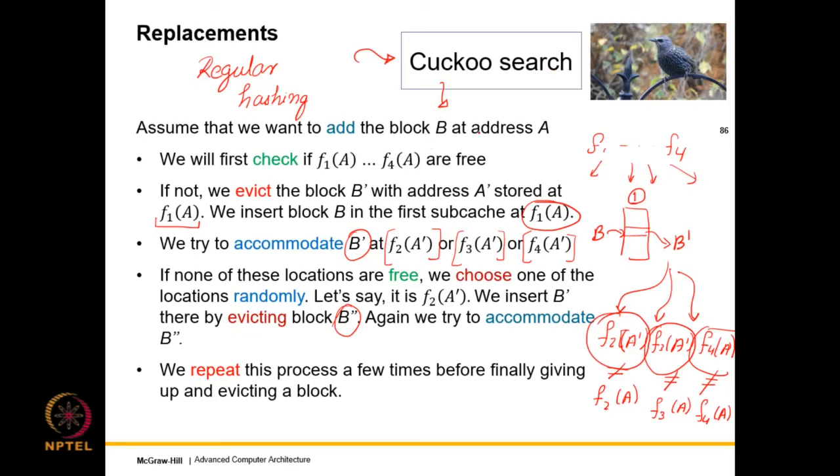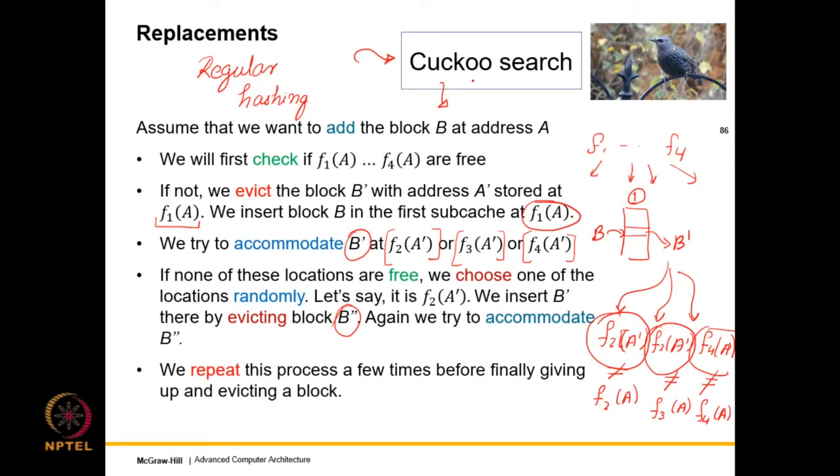All right. So it's an interesting thing: why do we say it's a cuckoo search and why not some other bird? The interesting story is that the cuckoo is actually a very clever bird. What the cuckoo does is that it lays its eggs in a crow's nest, and a crow's eggs and a cuckoo's eggs look more or less the same.